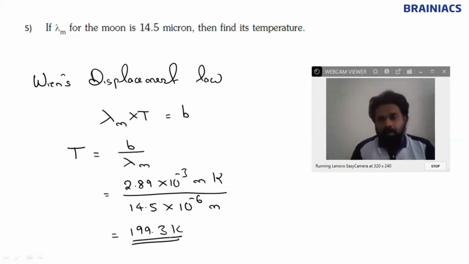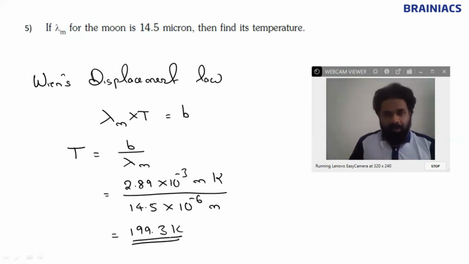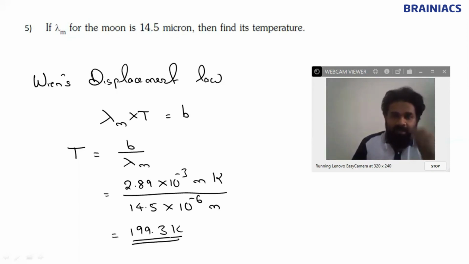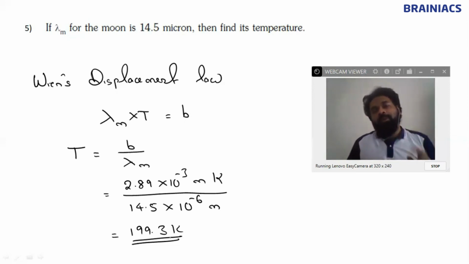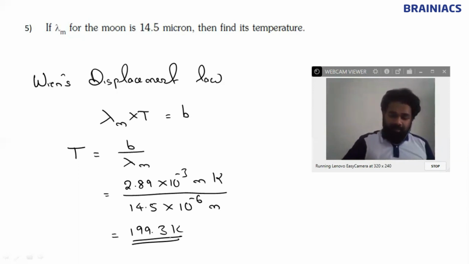So from the sun or moon or whichever source, by analyzing the spectrum of radiation, taking its maximum intensity and its corresponding wavelength, and dealing with Wien's constant, we will get the temperature. So we can measure the temperature of distant bodies using Wien's displacement law. That is the power of this. Clear? Next problem.